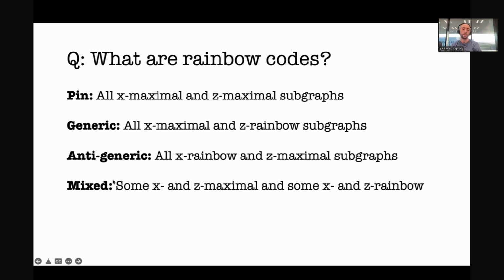And then this is the most vague category, where you pick some commuting set of x rainbow and z rainbow subgraphs and make these logical operators. So there'll be some on both. In this case, it's really going to depend on the specific colorings. We'll see some examples of this later.